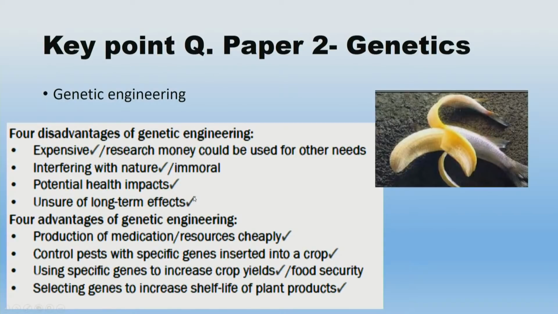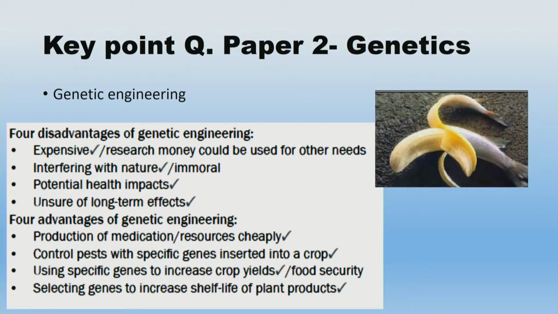So the last one on paper 1 is genetics, genetic engineering. When we talk about genetic engineering, we're going to emphasize that genetic engineering is when we take a gene from one organism, we put it in another organism, and we change the genetic makeup of that organism.